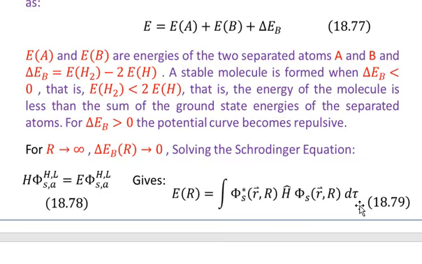D tau has been explained in the previous lecture. So this is the potential energy equation as a function of R for the Heitler and London approach, whereas the total potential energy for the molecular orbital case is shown in equation number 77.